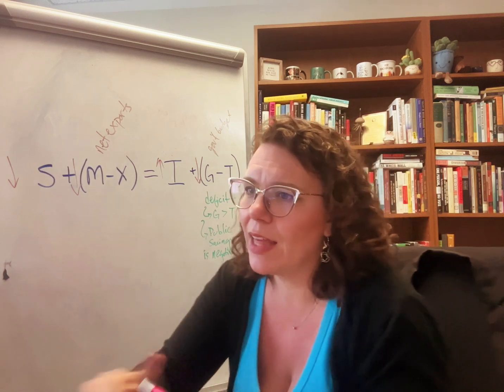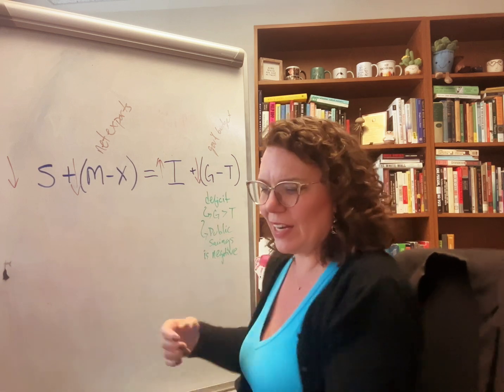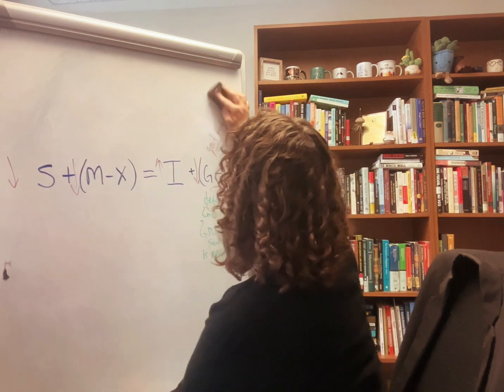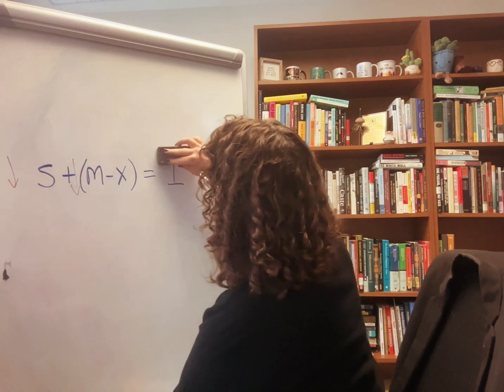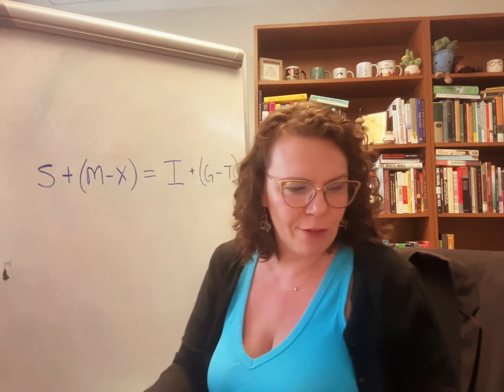The other way that you can look at it is reorganizing this to look at it from the perspective of a trade deficit or a trade surplus. And it really is truly just moving everything around to show it in a different way.